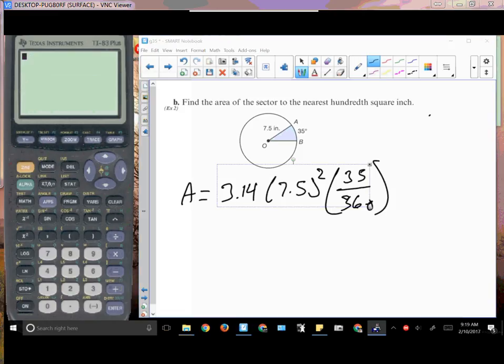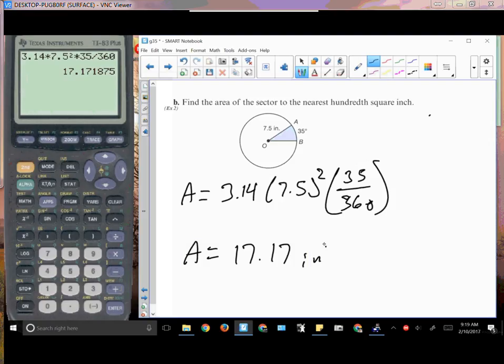Clear it out. 3.14 times 7.5 squared, multiplied by 35, divided by 360. And I end up with my area being equal to 17 point, nearest hundredth, so again, 1.7 inches squared. Make sense?